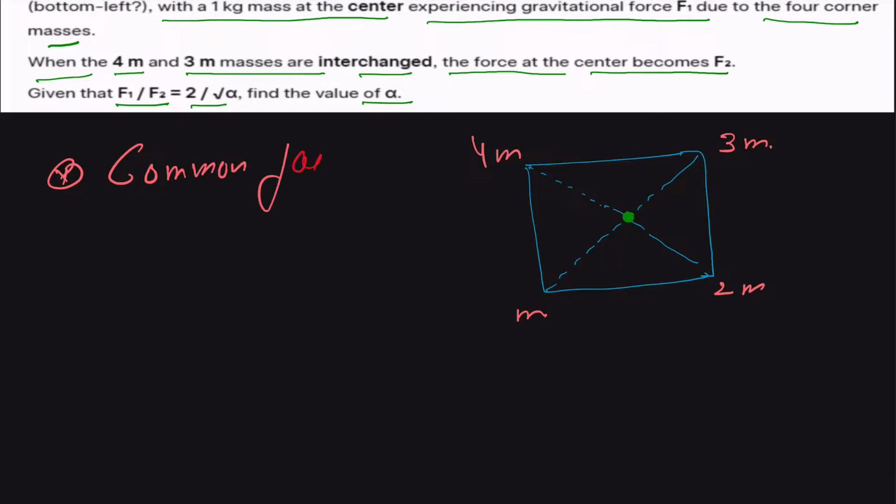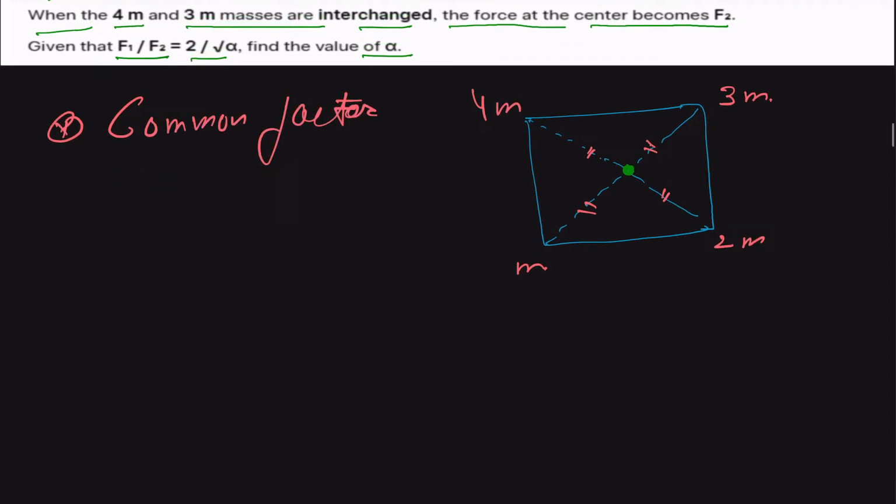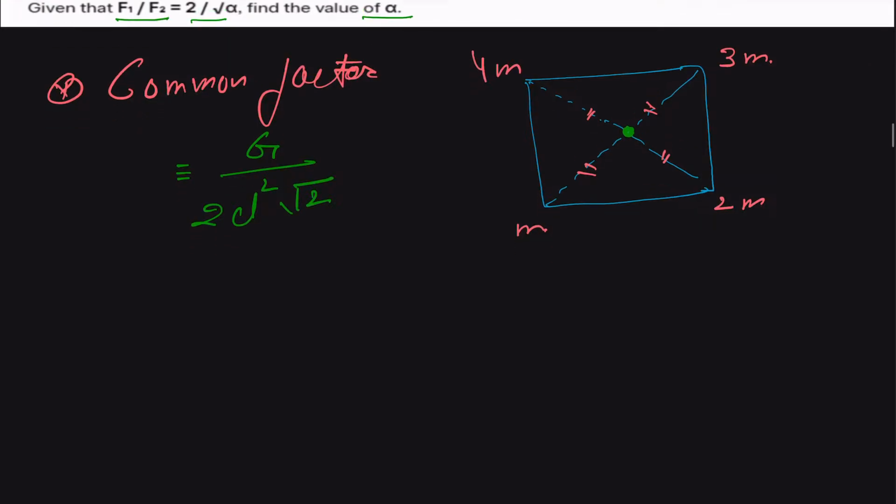We are going to have a common factor because the distance between the masses is the same, and along with this the angle is also the same. Therefore the common factor that will be associated is G over 2d^2 times square root 2. So this is our common factor throughout the calculation part. And now let us find out what are the things that are given to us.